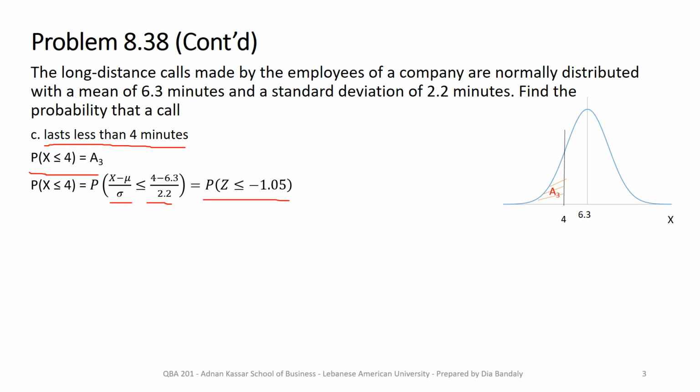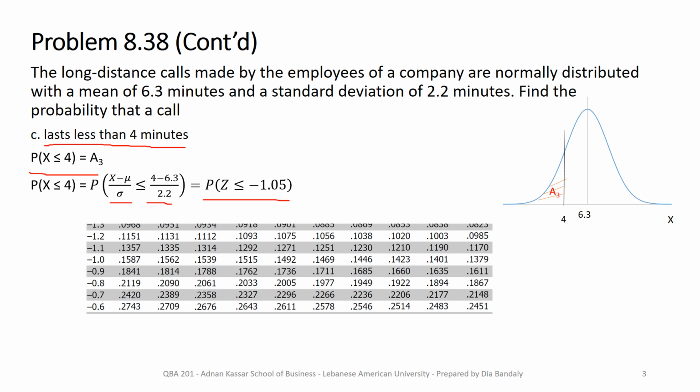Now we look in the z table. Minus 1.05, okay, so that's minus 1.0 here, and the first column corresponds to 0.0, and then 0.1, 0.2, 0.3, 0.4, 0.5, so I'm in this column, minus 1.05, so this will be the area I'm looking for, A3.